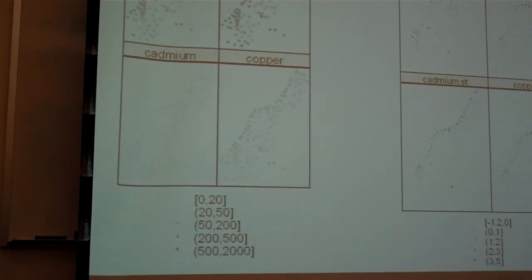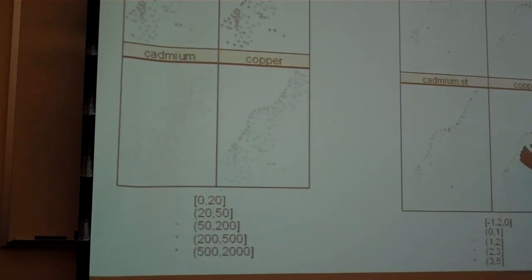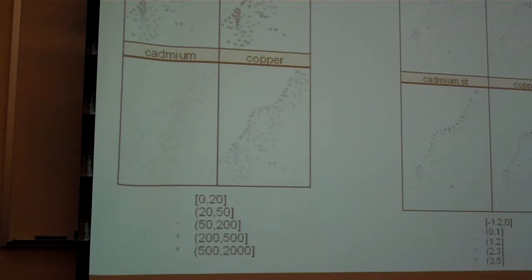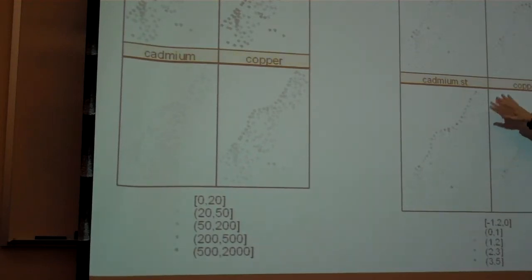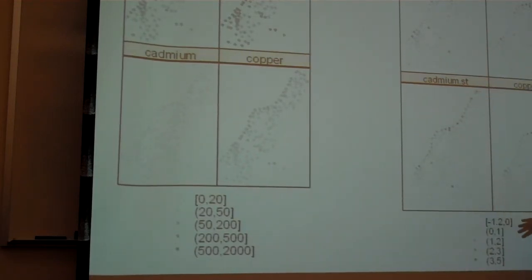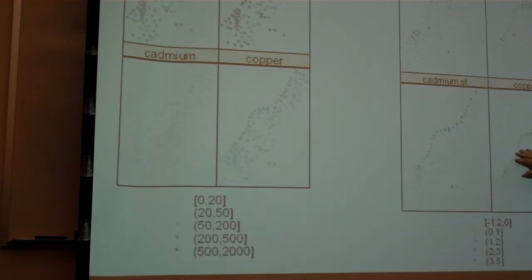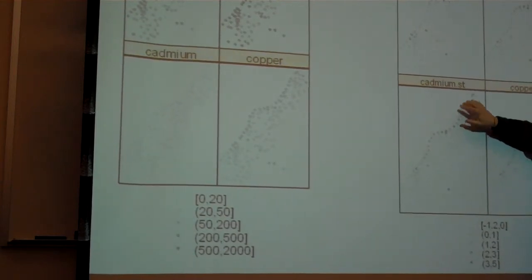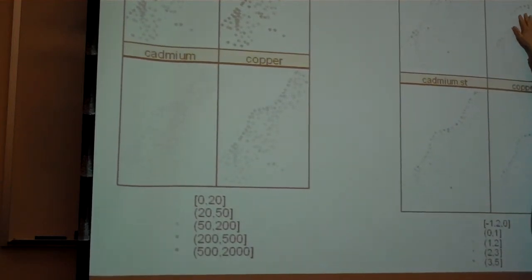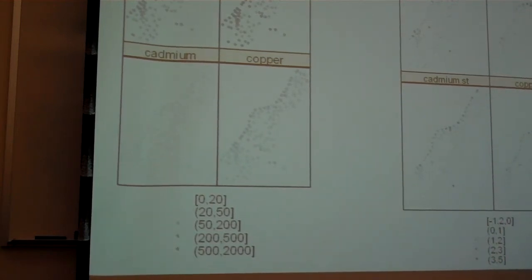Each data set now is on its own scale, which is really a z-score for each observation. And now we can see that in all four of these metals, there does seem to at least be this pattern where there's heavier deposition or higher concentrations along the edge of the river.